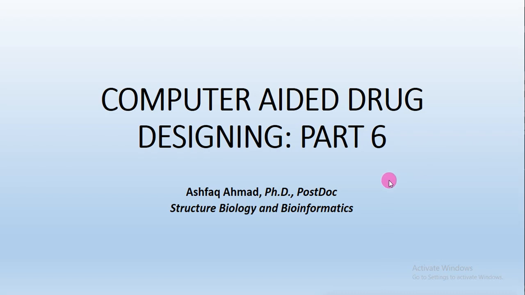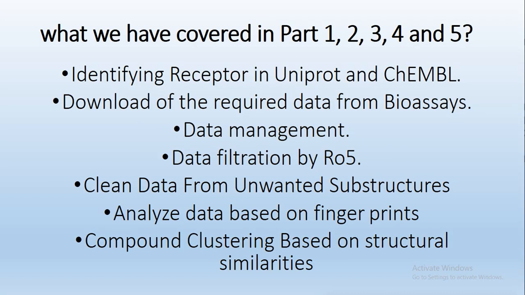Before part 6 we have covered part 1 to part 5. Among these 5 parts, we worked on how to identify a receptor in UniProt and ChEMBL. We also worked on how to download the required data in the form of bioassays from ChEMBL.